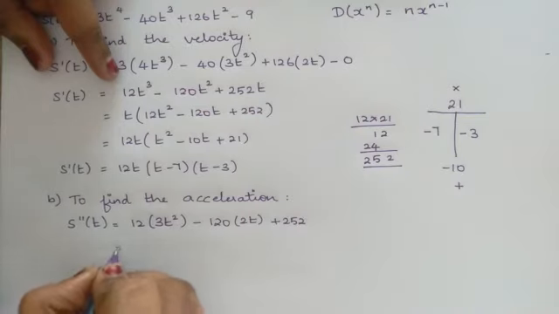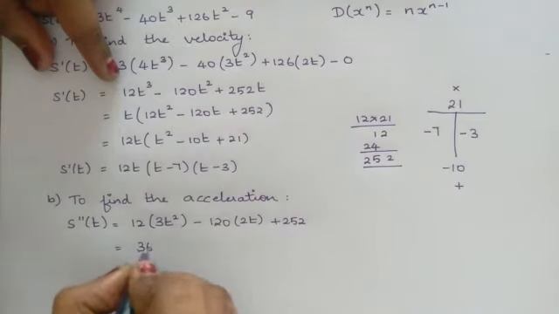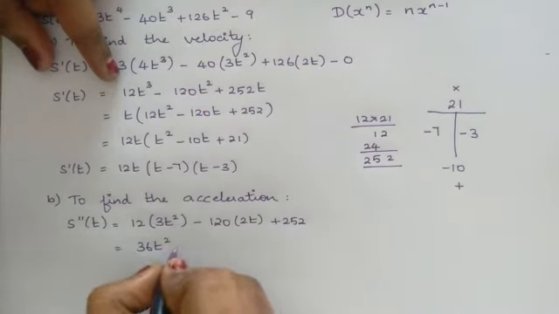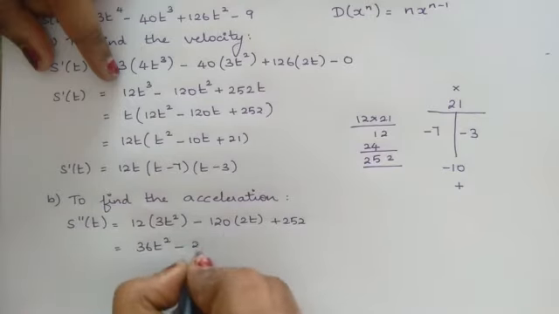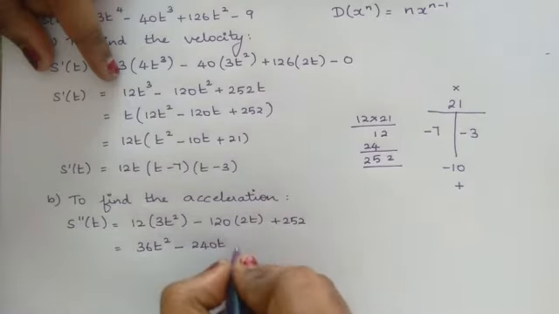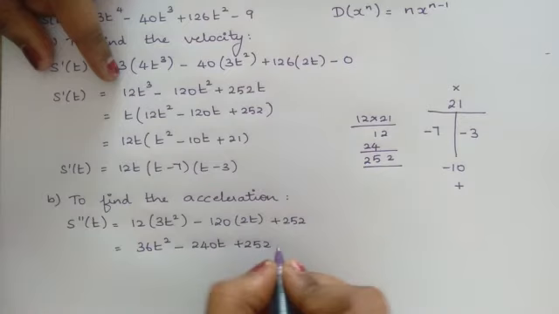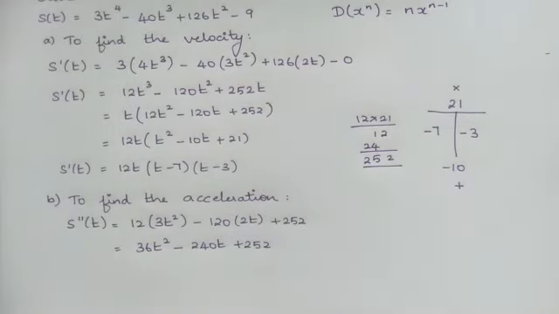So now this is 12 into 3, 36t square, minus 120 into 2, 240t, plus 252. That's it. So this is going to be s double dash of t, which is nothing but the acceleration of the object. That is the change in the velocity with respect to the time and direction.